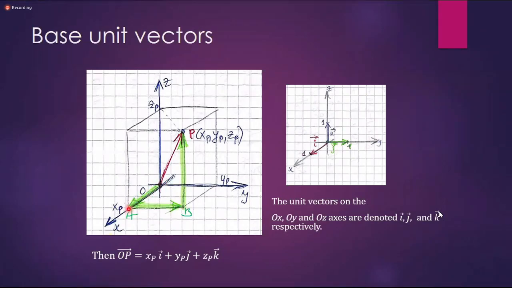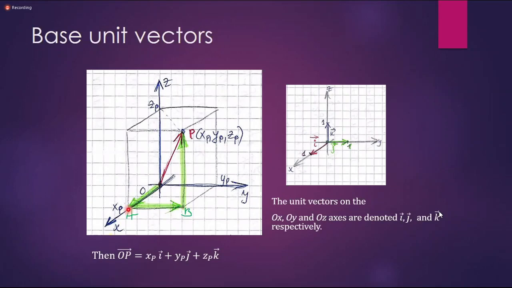So I could say x as a number times the unit vector i, because a unit vector would be only 1 unit long here. But if I multiply by the xp coordinate, the length, then I know that I'm going in this direction.